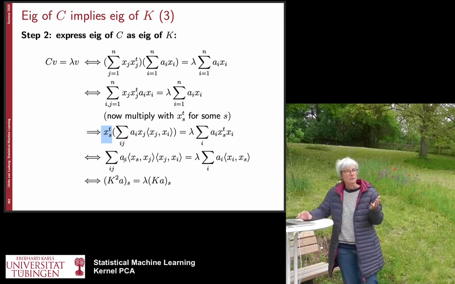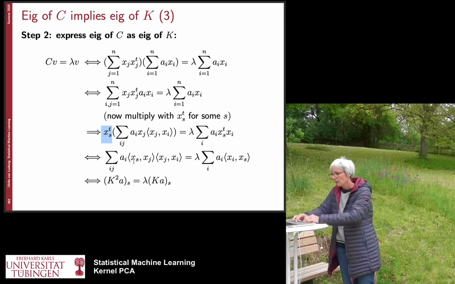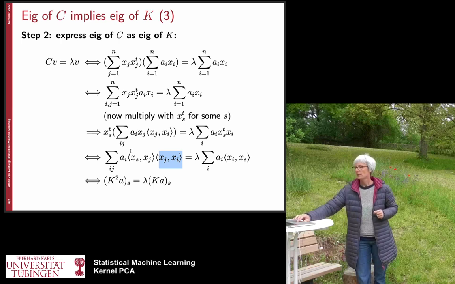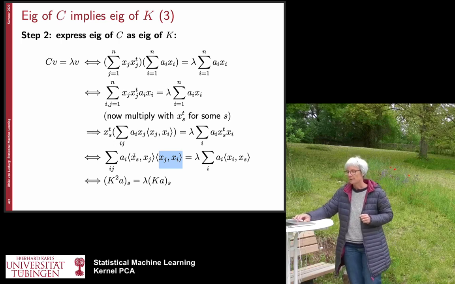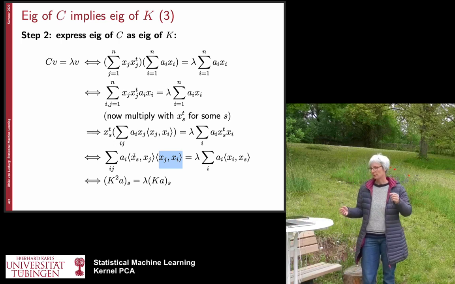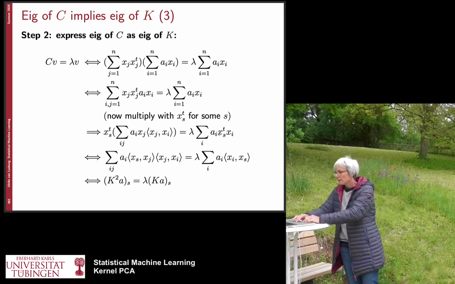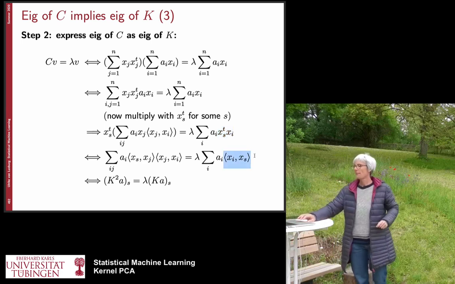And now again you can start grouping vectors. We group xs and xj here, and then we group xi and xj here. To do this we need to move this xs inside, and we can do that by linearity. Similarly, on the right hand side we also replace this by the scalar product.